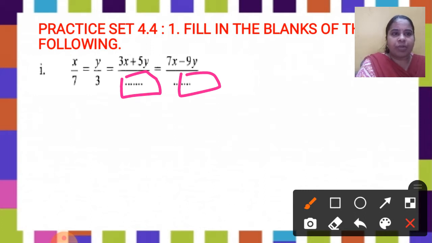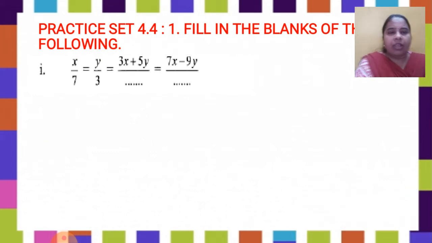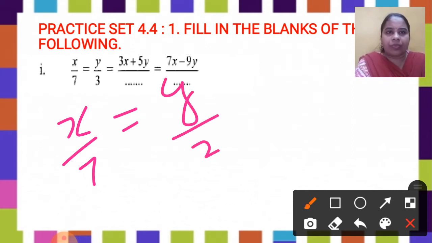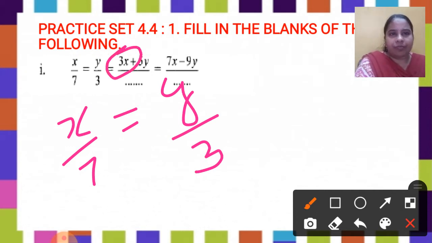So now what is to be done? I will explain the first part here. See, x upon 7 is equal to y upon 3. Now, this x is multiplied with what? 3. It means that I want 3 here.